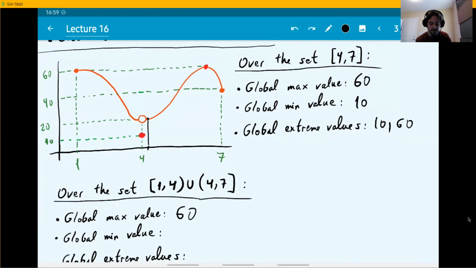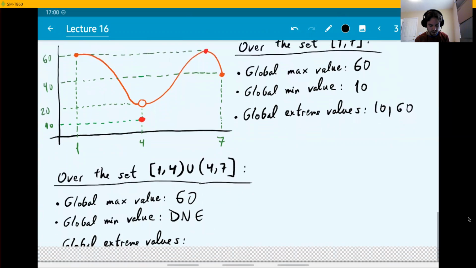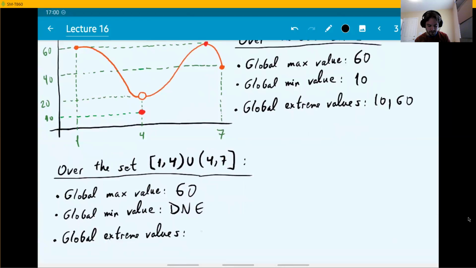This is indicated by the fact that the graph is going down towards that point. But there is no single smallest one. 20 itself is never attained. And then the global extreme values over this piece will be only the number 60.